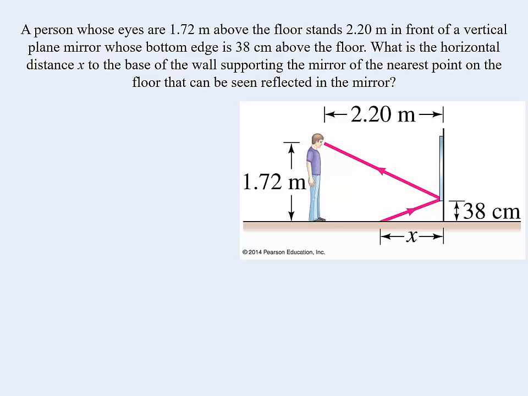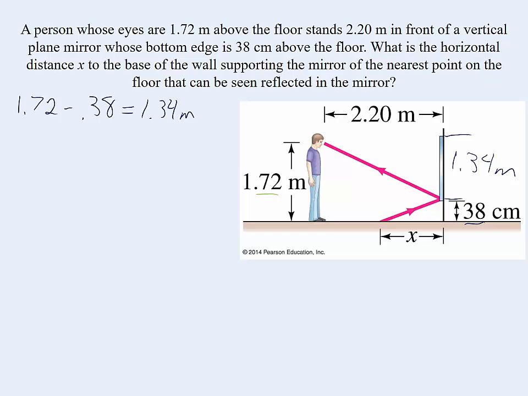Well, let's put some information down here. We know that the eyes are 1.72 meters above the ground, but the mirror is 38 centimeters off of the ground. So the length of the mirror is 1.72 minus 0.38, which is 1.34 meters. So this part here is 1.34 meters.